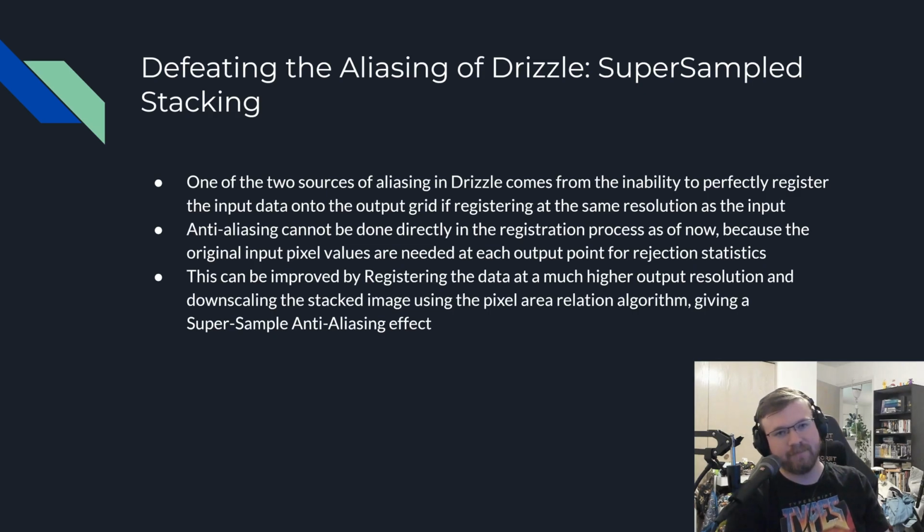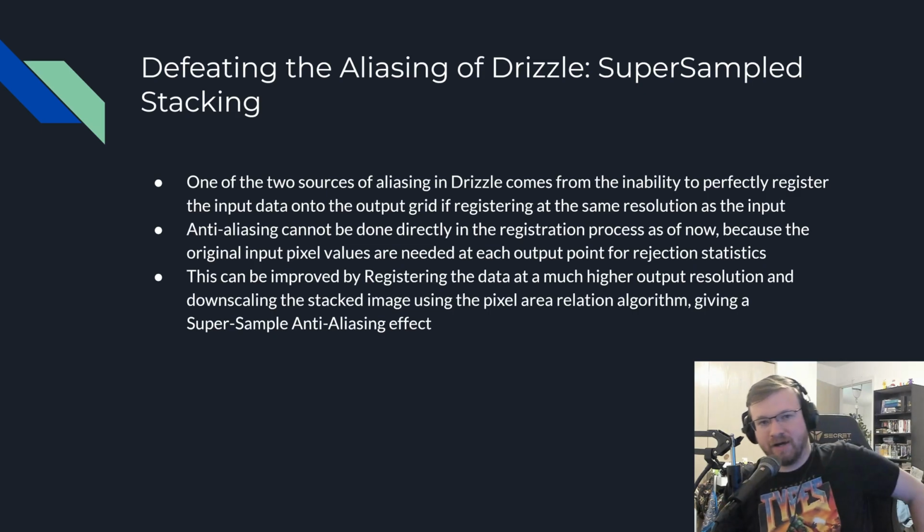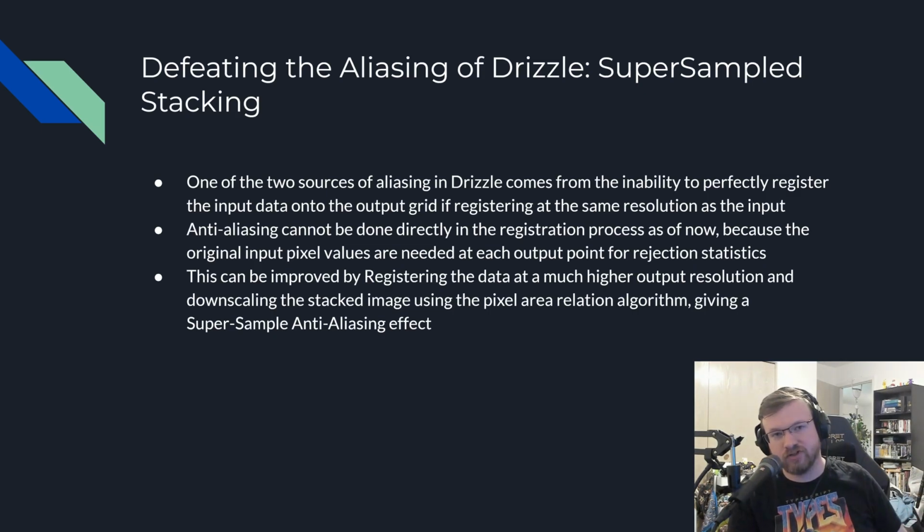And I talked a little bit earlier about how the downside of this idea of drizzle and super sampling is in signal to noise ratio preservation. So one of the things it talks about in the docs for the new Siril version is that a common way of doing drizzle stacking is to register at a scale and then the pixel fraction inverse of the scale.